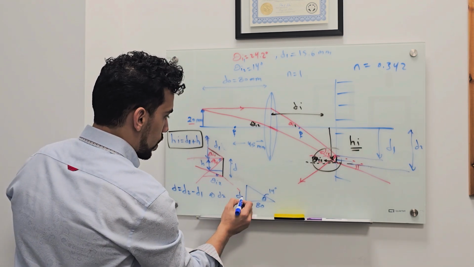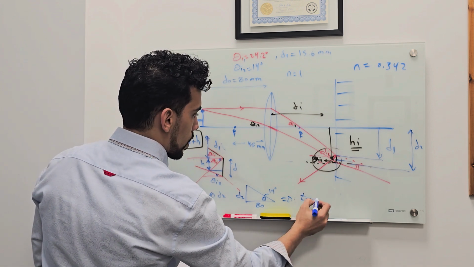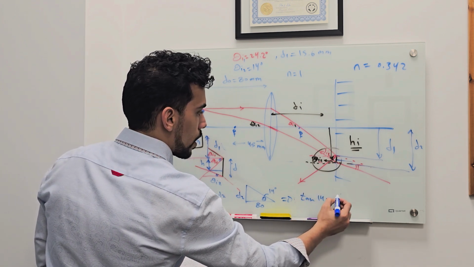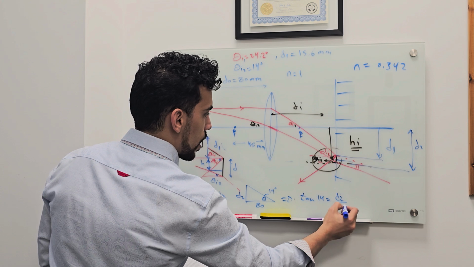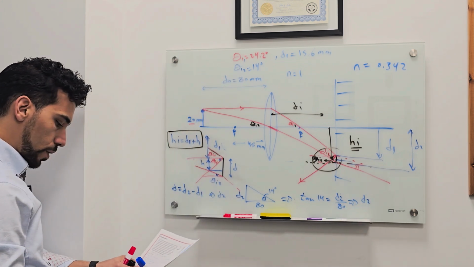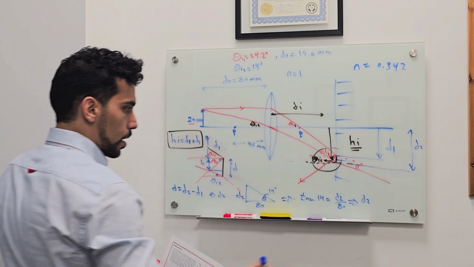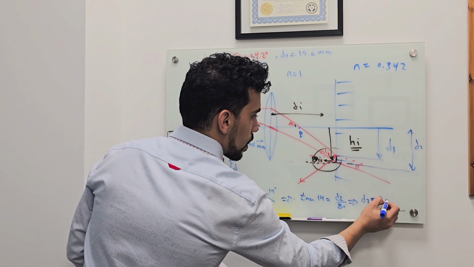So we can see from here that tan 14 is equal to d2 over 80, and that means d2 itself is equal to 20 millimeter.